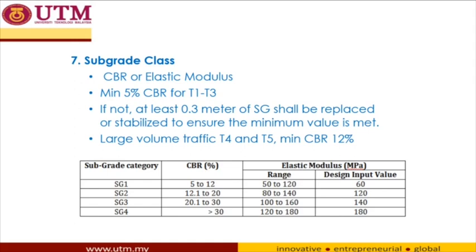And then for T4 and T5, a minimum CBR value of 12% is proposed. If it's not met, the replacement or stabilization of the subgrade needs to be done. As you can see from the table provided in this slide, there are 4 subgrade categories, SG1, 2, 3 and 4. The same categories apply for the elastic modulus, which is another option of measurement for the subgrade strength.